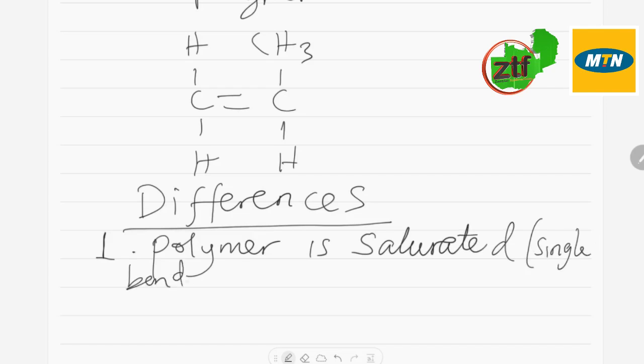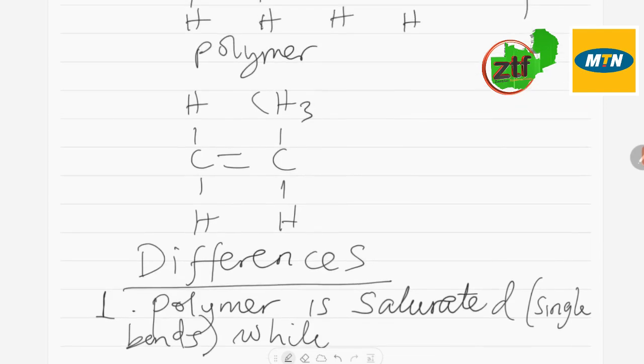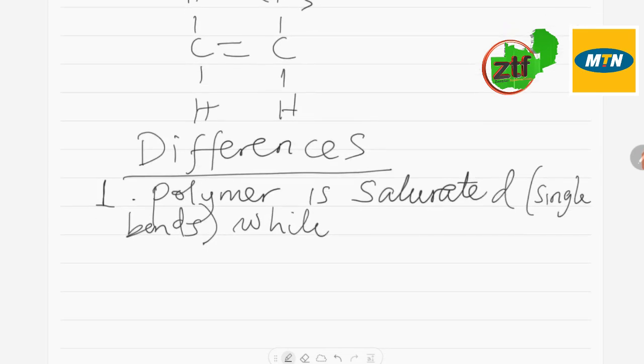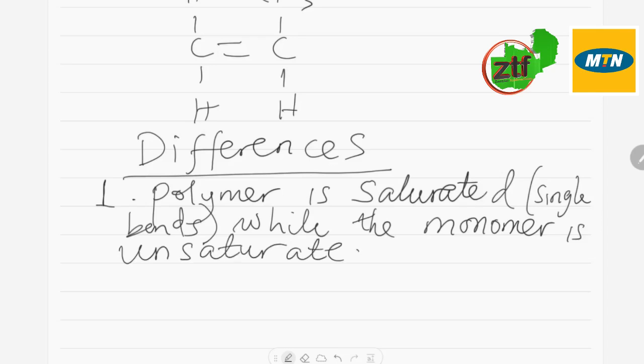Remember, when we are differentiating, we are comparing between the two. Now, when you look at our monomer, it has got a double bond, so that's another difference. So the polymer is saturated while the monomer is unsaturated, meaning that it has got a double bond between its carbon to carbon atoms.